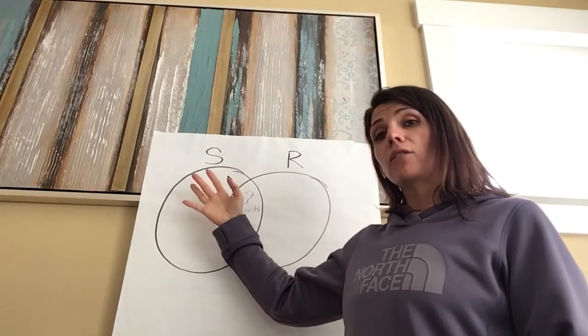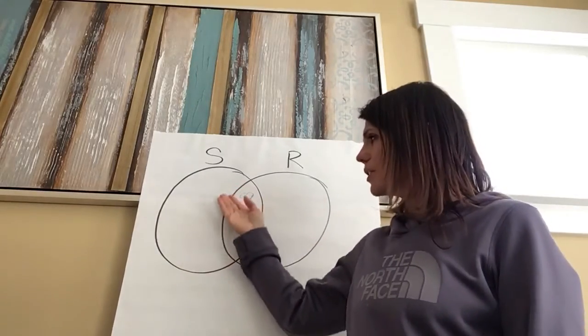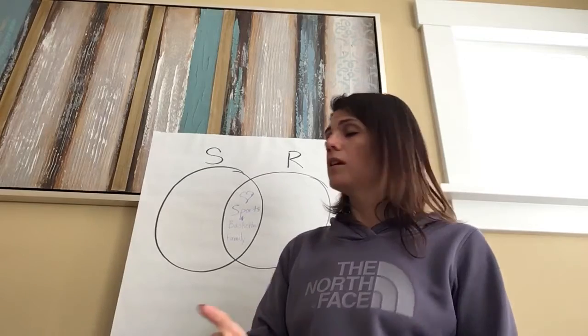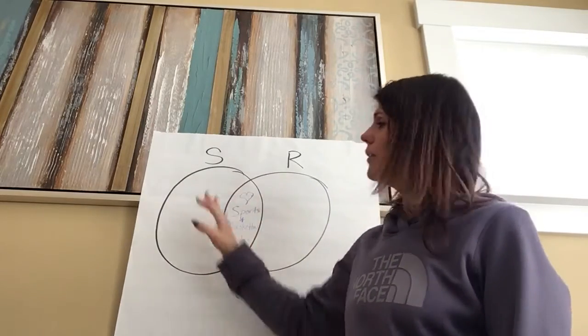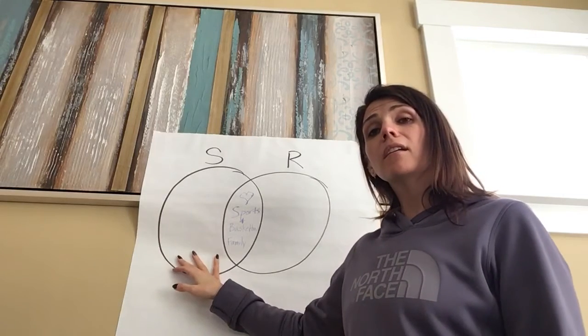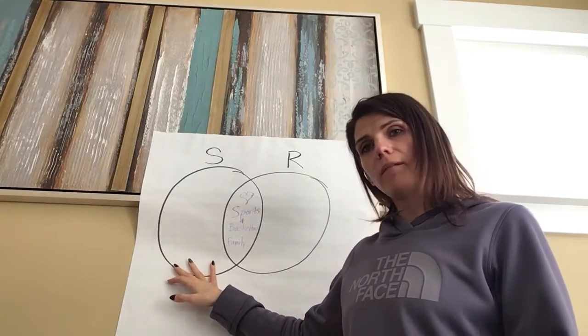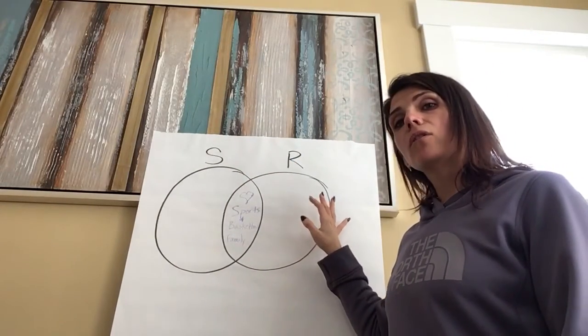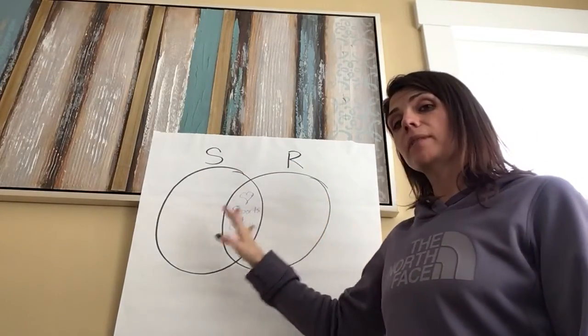And then start filling in information. If you can think of more ways that they're the same, more ways you can compare them, fill it in. And then you're going to put some information over here that makes Sadie different from Richie. And then over here, you're going to put some ways that Richie is different from Sadie.